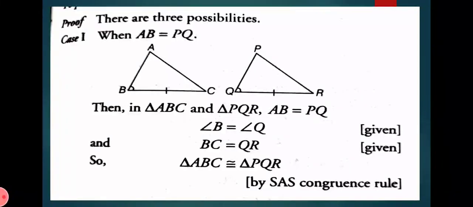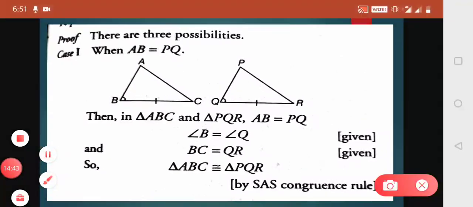Now in case 1, as there are two triangles given, triangle ABC and triangle PQR, we take that side AB is equal to side PQ. In this condition, in triangle ABC and triangle PQR, we have supposed AB equal to PQ.